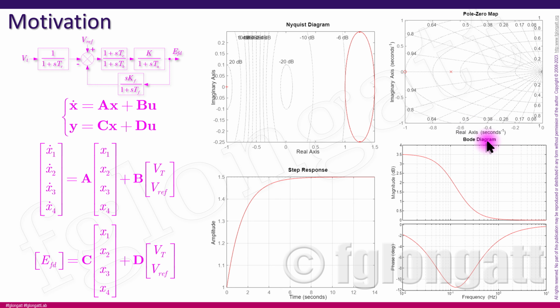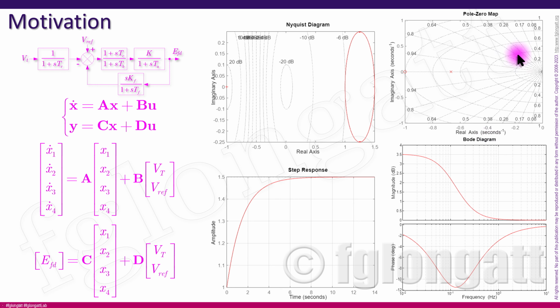Frequency analysis, like the Bode diagram, is one of the most used elements in order to analyze the performance of the magnitude and the phase angle when you are using some signals. But there are many other techniques.